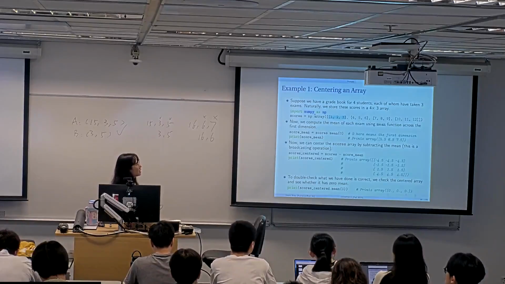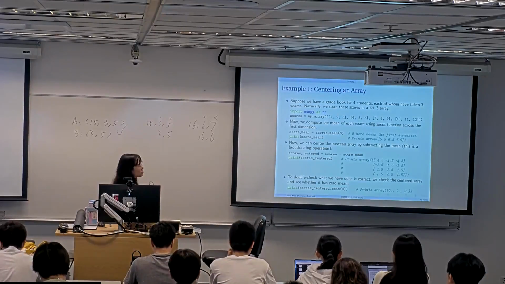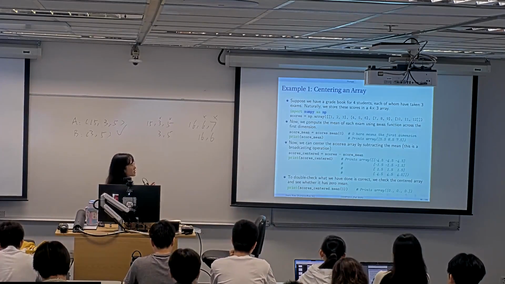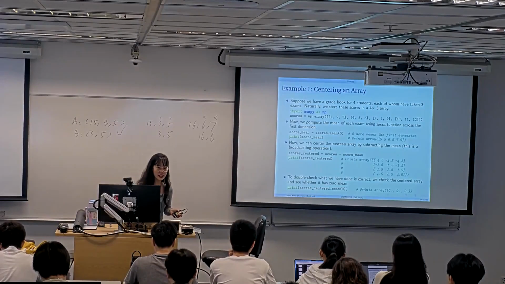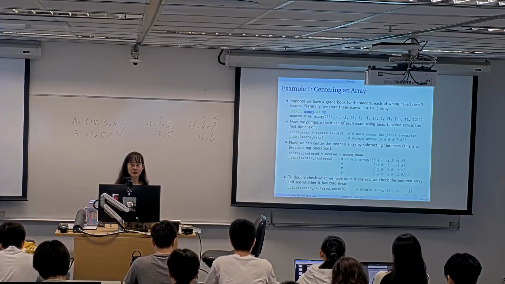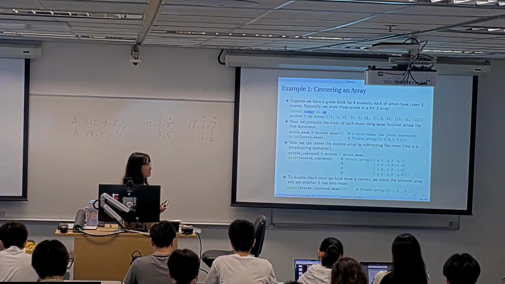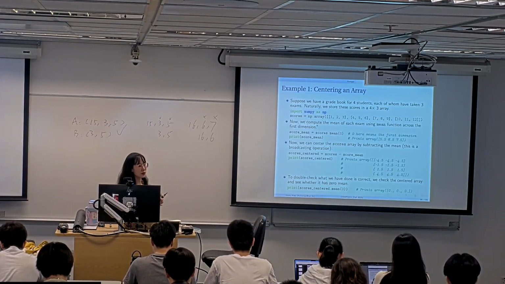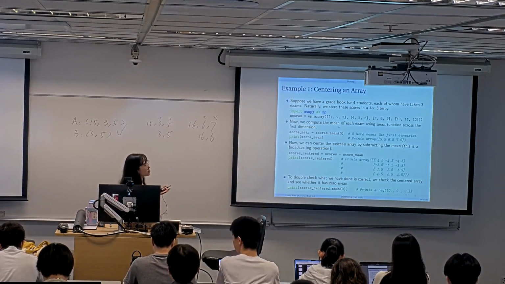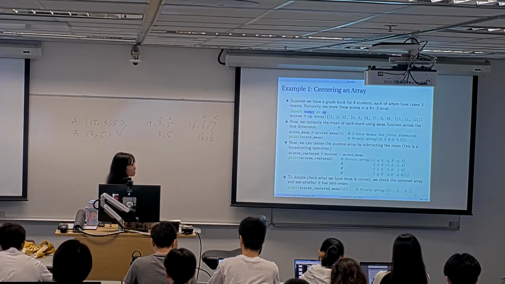Now what we want to do is center such an array so that the mean score of each exam is 0. Then how to easily do that? Let's say first we try to compute the mean of each exam using the mean function across the first dimension.